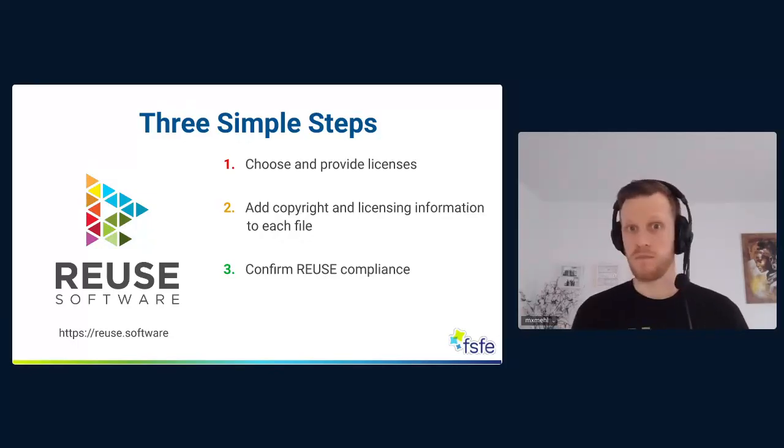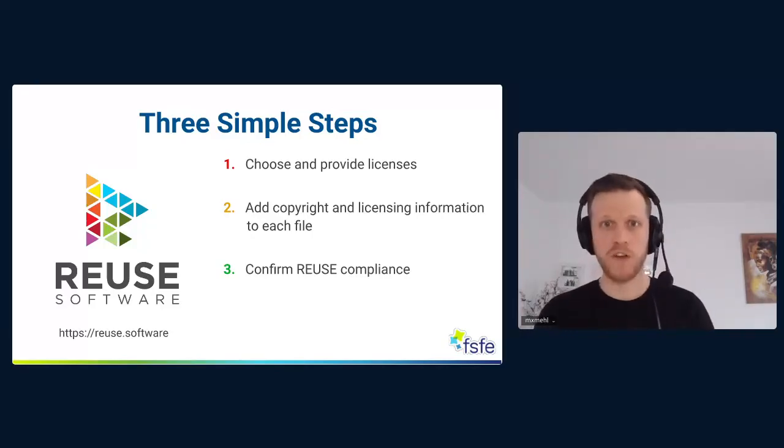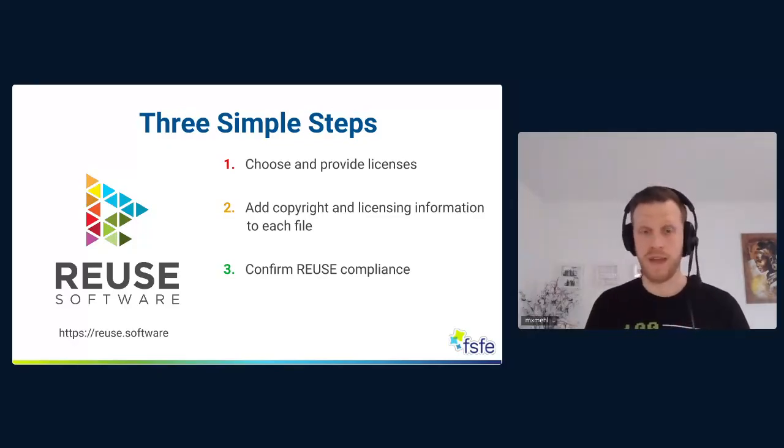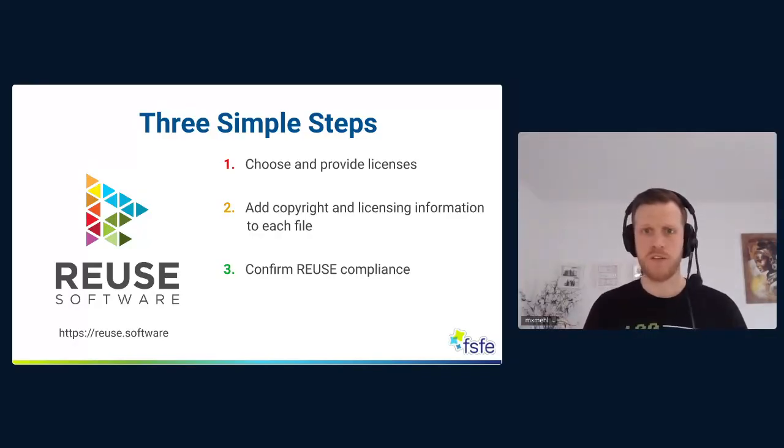You should choose a license that matches your expectations, so your conditions. There are a lot of free software licenses, and you should make a really knowledgeable choice. And as soon as you chose the license, or even the licenses, if you want to apply multiple licenses, you have to provide them.